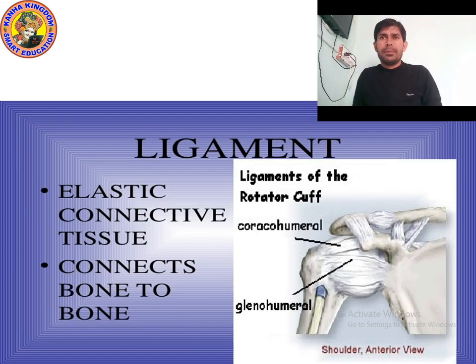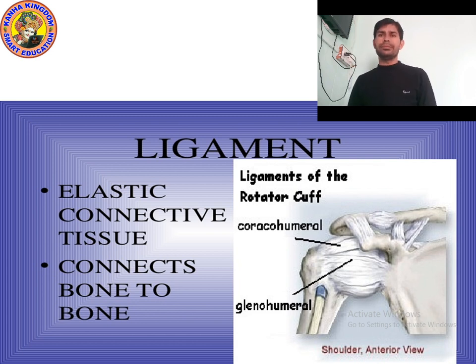Okay, let's study ligament. What is ligament? Ligament is also a tissue. You know that cartilage is a flexible connective tissue that acts as a cushion between bones, a shock absorber. Ligament is also a tissue, and its work is to connect one bone to another bone.